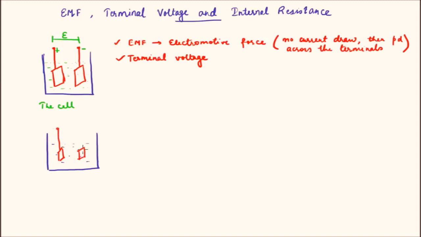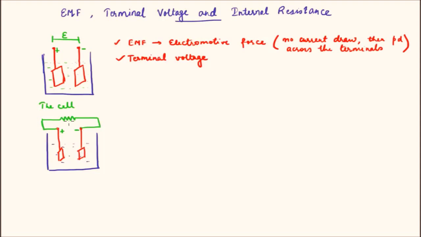Okay, these are my terminals. Now suppose that we attach a resistor to these terminals. This is the symbol of a resistor. Let's say this was the positive terminal and this was the negative terminal. These are the electrodes, this is the electrolyte.